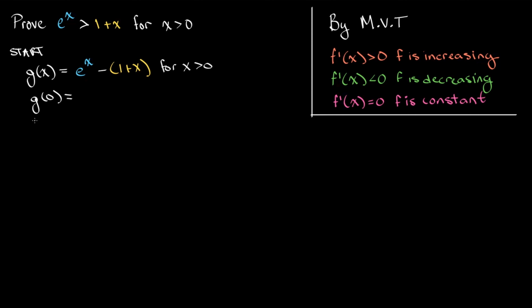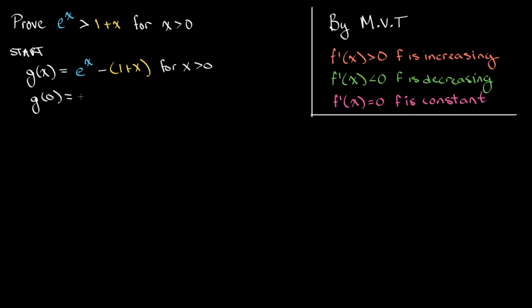So we'll grab g of 0, look at the derivative, and particularly look at the sign of the derivative. So is it positive, negative, is it 0? And then we'll be able to leverage one of these facts here and make a comparison between g of x and g of 0, because the sign of our derivative will tell us how g of x is behaving on our interval.